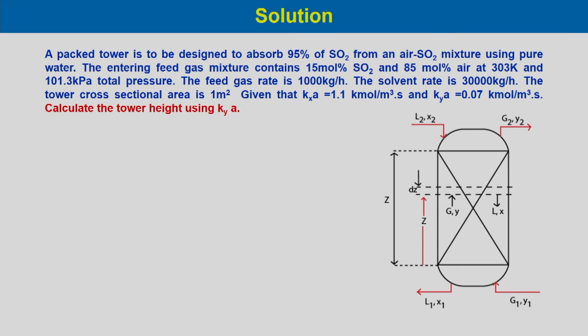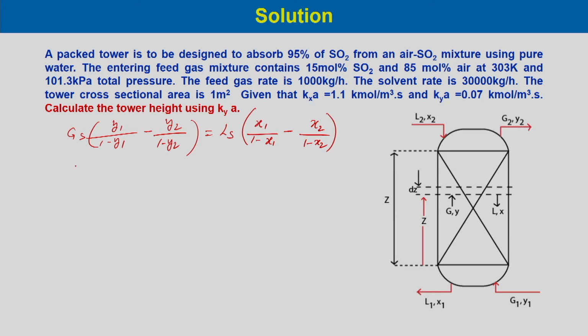Now, we need to calculate the exit stream concentration x1, the liquid phase concentration. To do that, we use the material balance equation: Gs into y1 by 1 minus y1 minus y2 by 1 minus y2 would be equal to Ls into x1 divided by 1 minus x1 minus x2 divided by 1 minus x2.